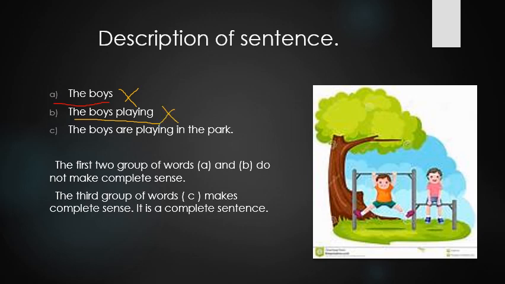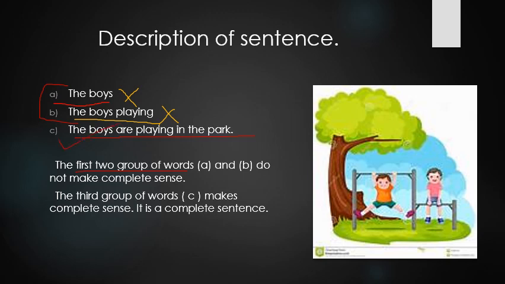But when we say that the boys are playing in the park, it's a correct sentence. That's what makes complete sense. Okay? The first two groups of words, A and B, do not make complete sense. The third group of words makes the complete sense.